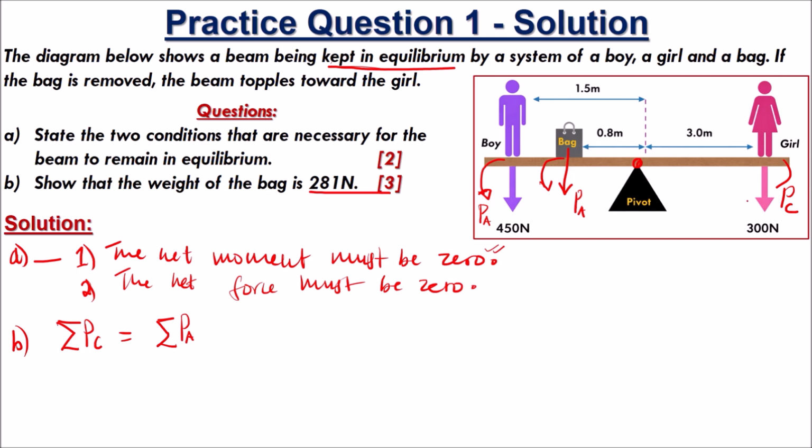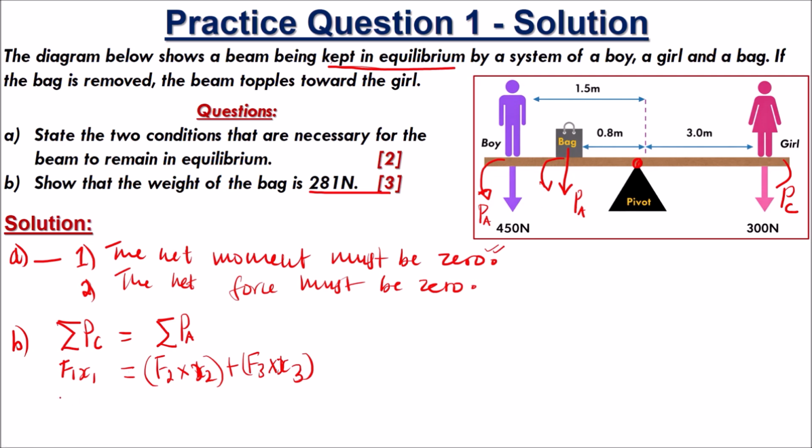We just have one force providing clockwise moments. So we will say force 1 times distance 1 is equal to force 2 times distance 2 plus force 3 times distance 3. Because these two are working together to balance the girl.